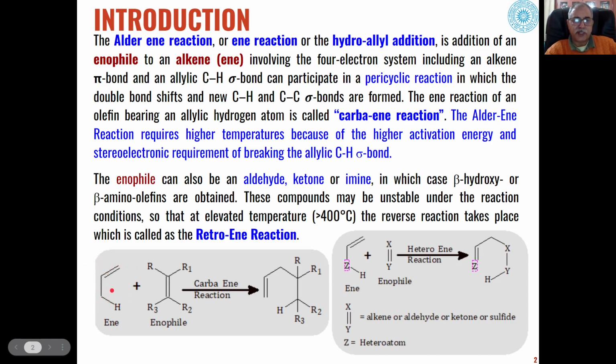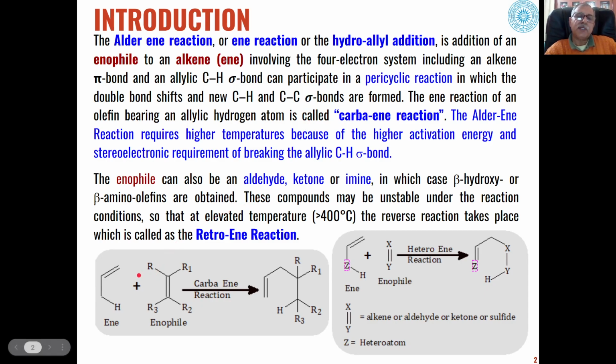They will participate in a pericyclic reaction where a double bond will be created at this place, and this will add to this double bond, forming a carbon-carbon sigma bond.